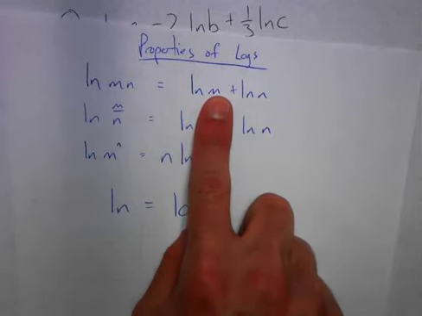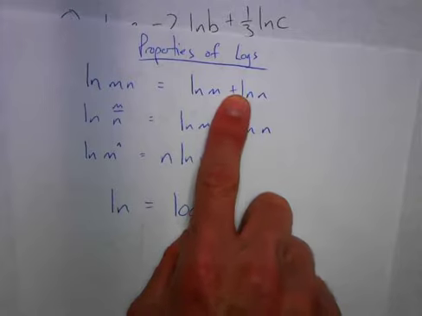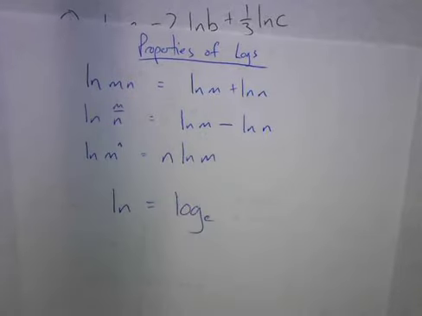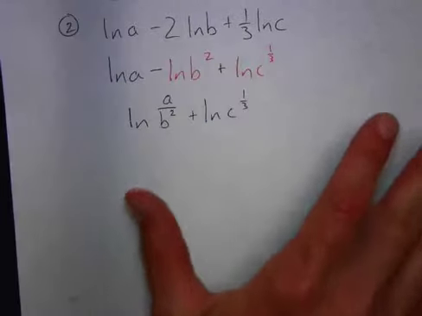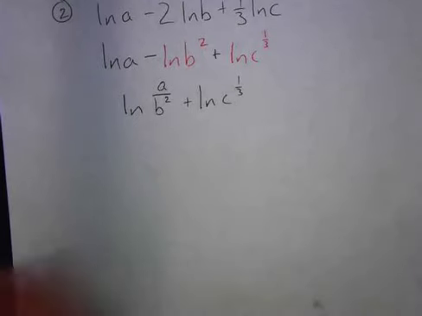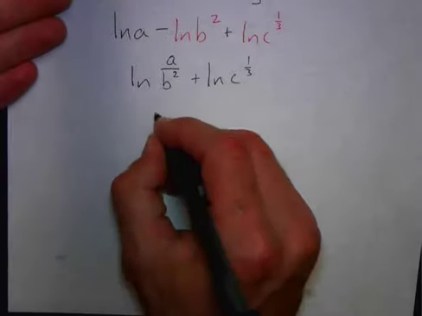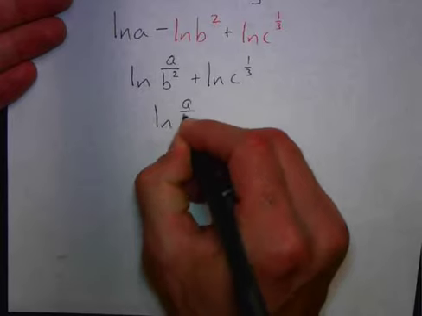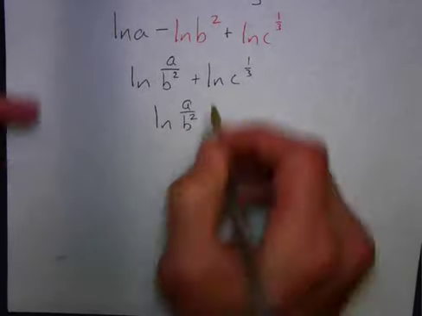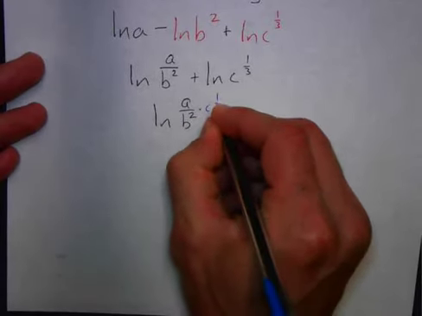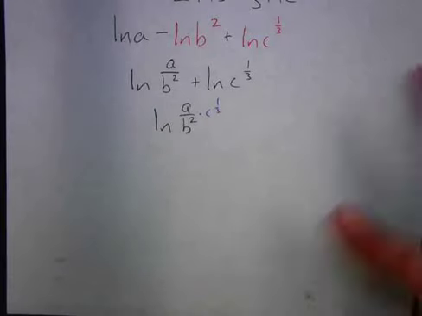When we add two logarithms in the same base, that's the product property. And we can apply that right here. So we have the ln of a over b squared times c to the 1/3 power. See, we've condensed the whole thing right there.